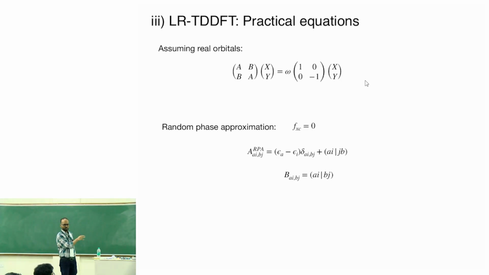You normally don't do that in TD-DFT calculations, but we're going to discuss something called ground state correlation, where this terminology will become useful. So f_xc being 0 gives you what is called the random phase approximation. Just keep that in mind. Once you do that, you only have the terms coming from the Hartree kernel.